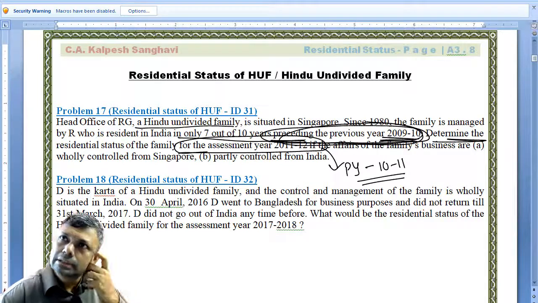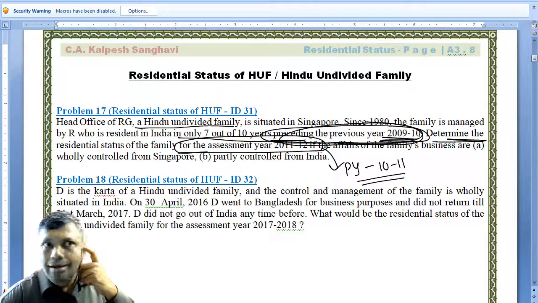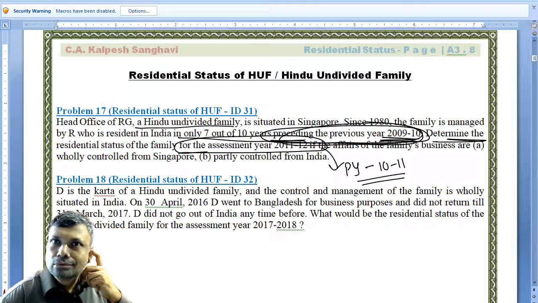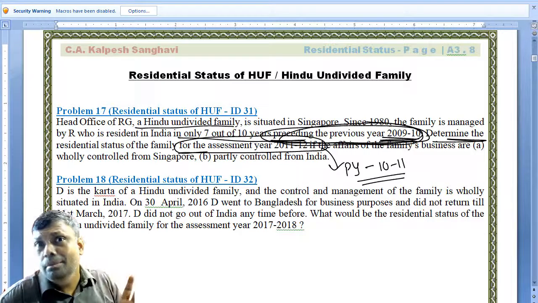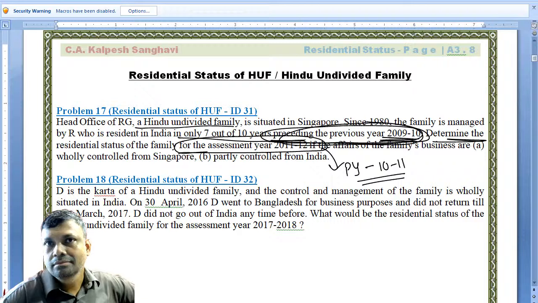Then students will be thinking, oh my God, what to do? Then you will face a problem. But friends, you face this problem only when your concepts are not so clear under the law. And I've already told you, friends, that all these years printed in the question are illustrative. The series of years printed in this chapter will be different in the examination.